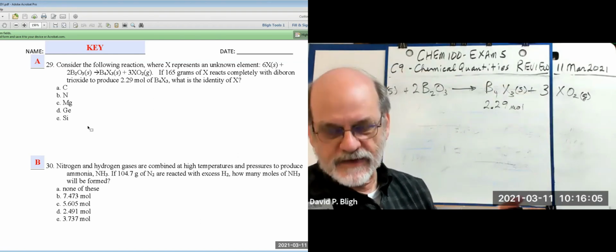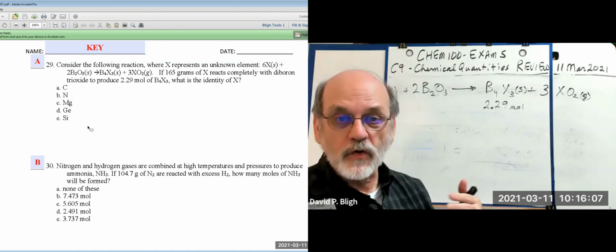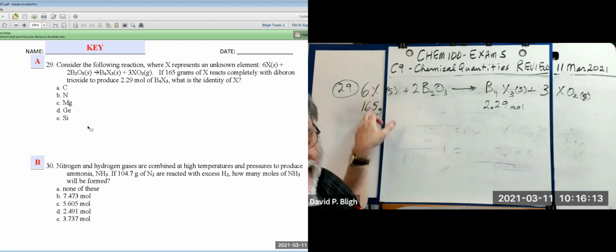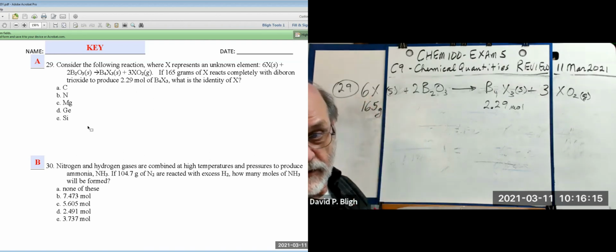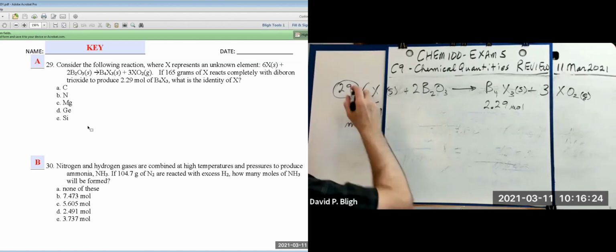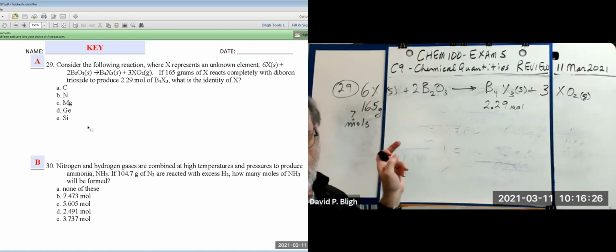What's the molar mass of X? What do we need to know to find the molar mass of X? We need to know the mass of X, and we need to know how many moles is that. Right? So we do need to know how many moles of X. So that's really the question. How many moles of X are there? Then we can calculate the molar mass.